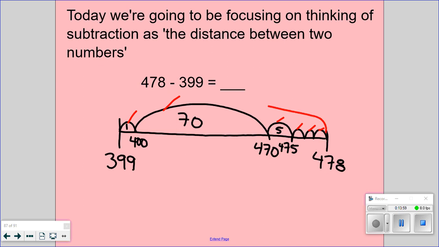So the amount of jumps, when I add that all together, then I get my distance in between those two numbers. The distance between those two numbers is 79 numbers. There are 79 numbers in between 478 and 399. Does that make sense what I'm saying? Just math that.